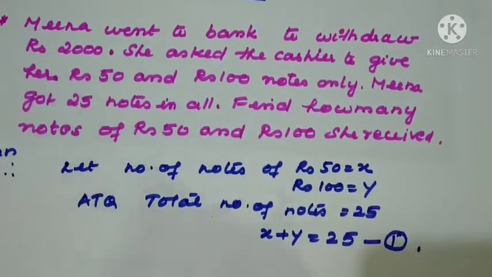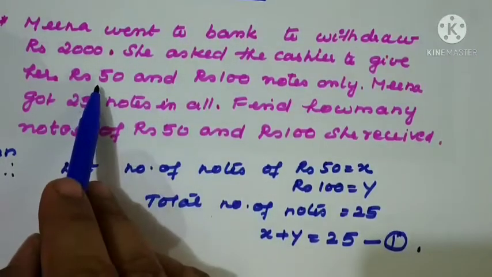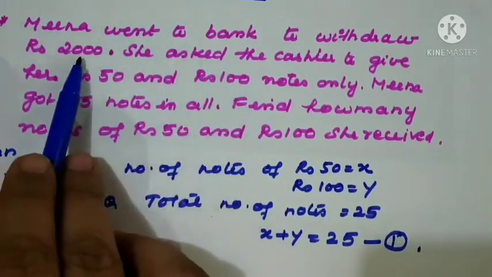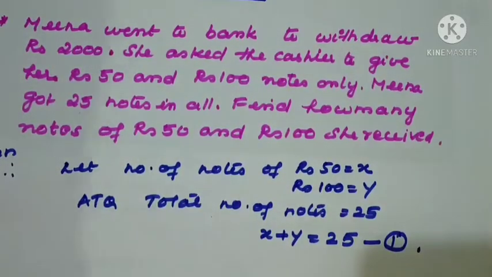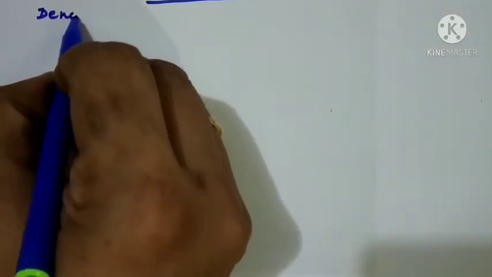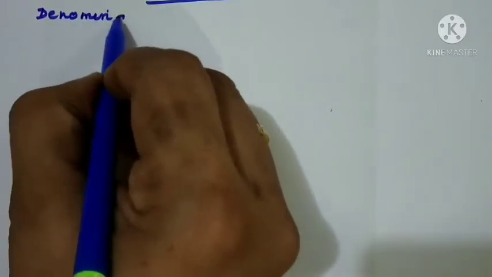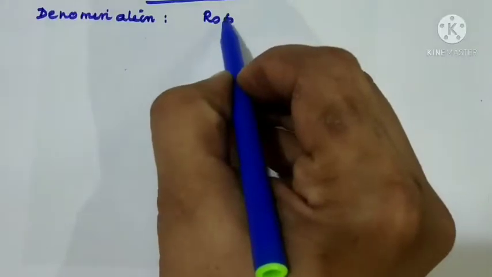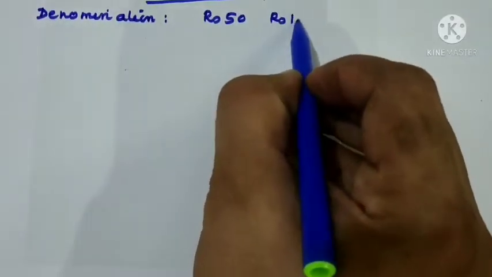Now what is the second part? She got a denomination of 50 and 100, right? And a total amount equal to 2000. So let us make the second part. For this type of question, usually we will make a table only. Denomination. What are the denominations? Rupees 50 and rupees 100.